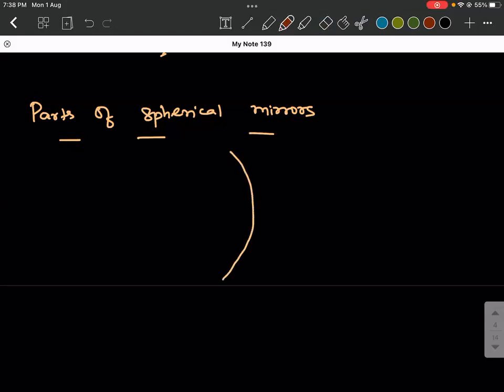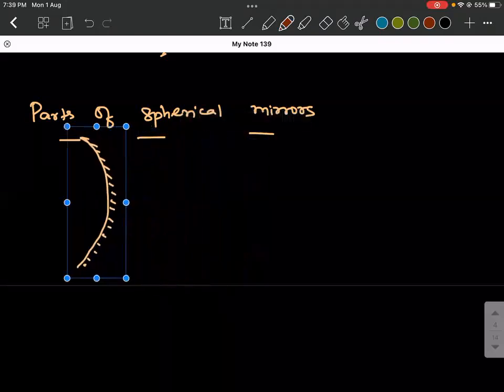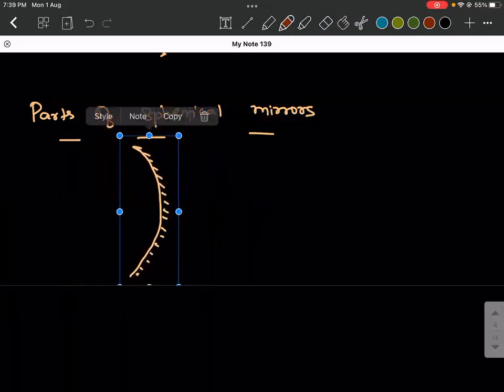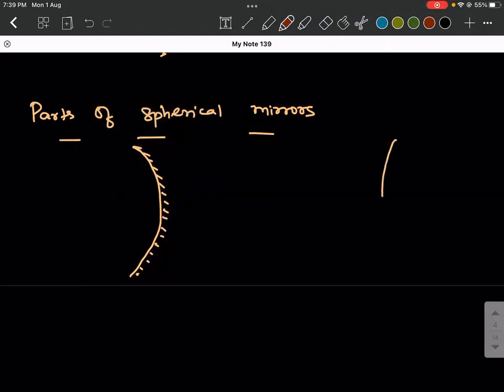So if I take parts, then see, I'll explain it with concave and convex parallel. Okay, listen to this. If I take the center of the mirror, what do I mean by center of the mirror? It's not the center of the sphere. Center of the curved surface. If I take the center of the curved surface, that is called the pole.